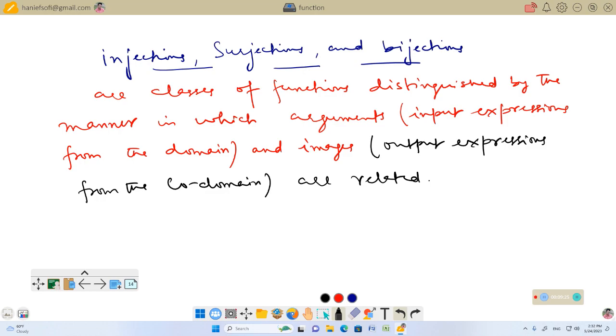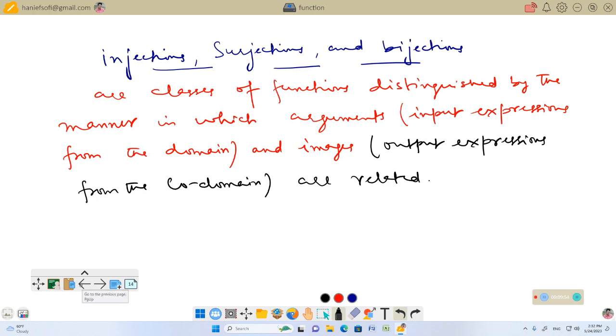They are simply functions in mathematics, and we distinguish them by the manner in which arguments, by arguments we mean input expressions which are in the domain set, and images which are output expressions which are in the codomain of the function are related. So let us understand it.